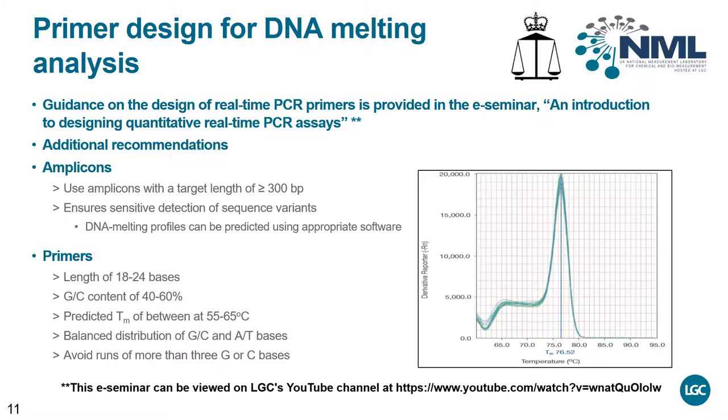The melting temperature for G plus C bases is higher than that for A plus T. The presence of consecutive G plus C bases can distort the uniformity of the melting process, particularly if they occur in the last 5 bases of the PCR product, and should be avoided.